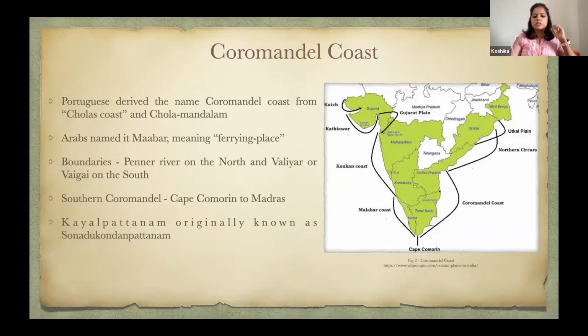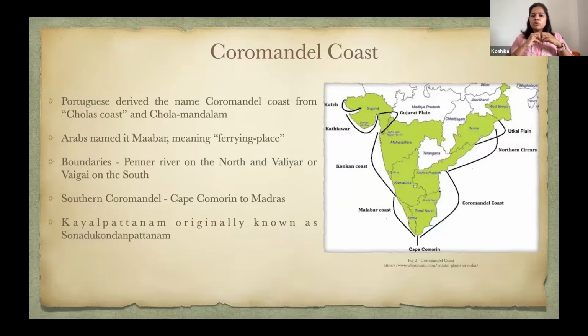The Tamil Muslims were mostly found in Kayalpatnam, Keelakarai, and places in and around Tirunelveli. So, what is the origin of Kayalpatnam? This is a description given in Silappathikaram.